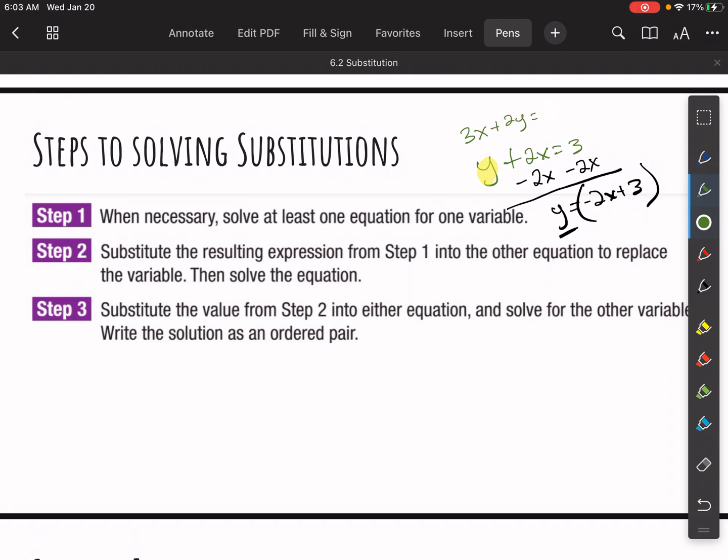Maybe we make it 4. For step 2, I'm going to take what I solved here and insert it, because y is the same as this. So I'm going to take this and put it into my other equation for y.